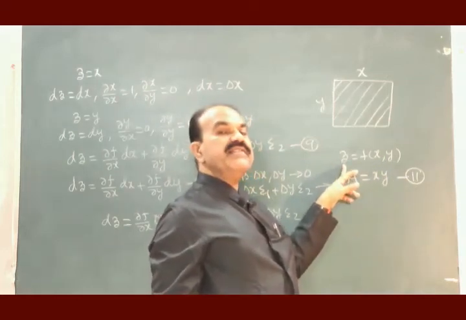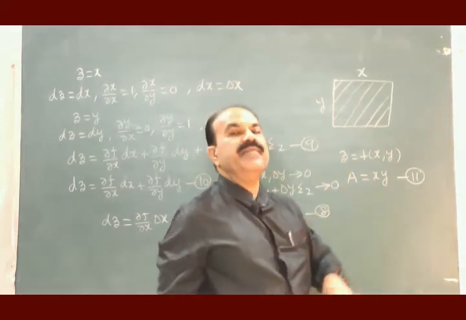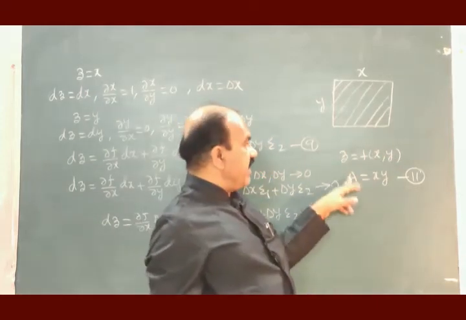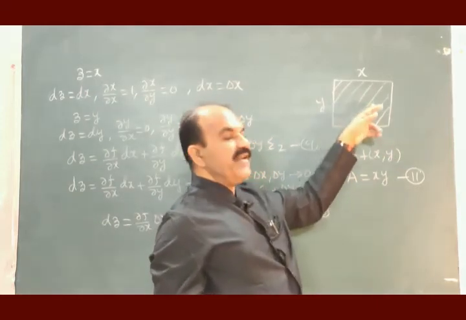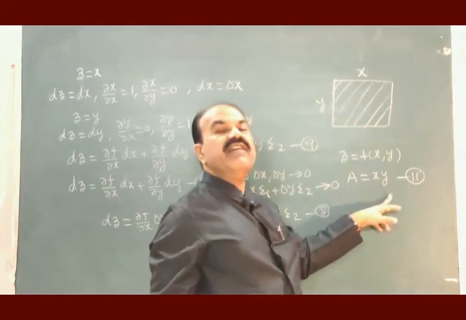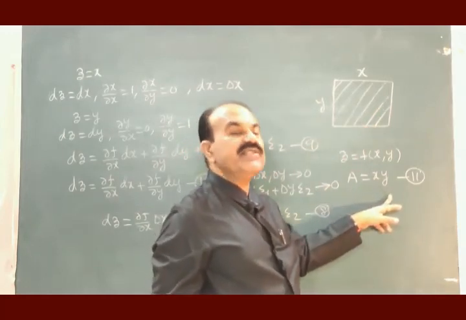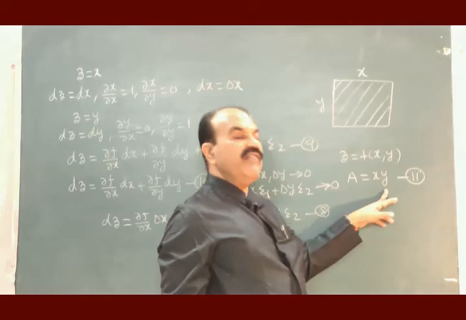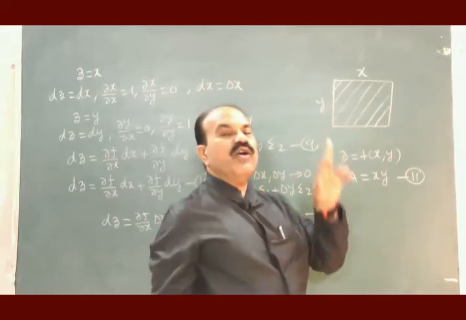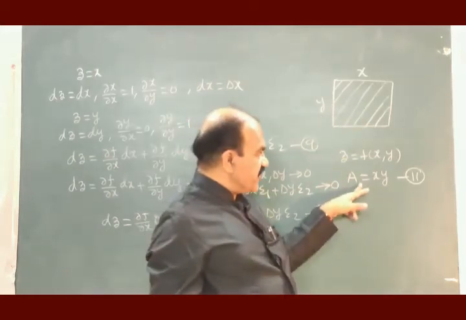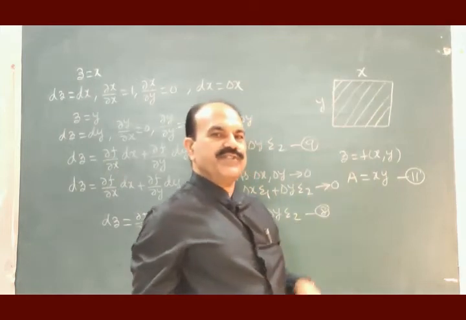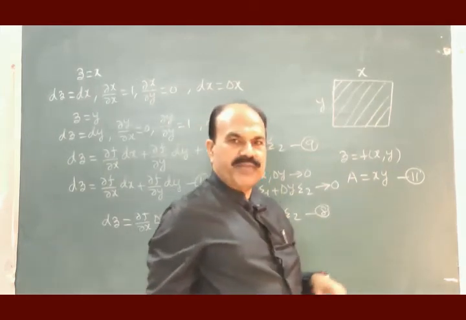Z is the dependent variable, x and y are independent variables. A is just similar to z, the area of this rectangle, x and y the independent variables, x into y will give area A of this rectangle. So, this function is just similar to this function. Let it be equation number 1.